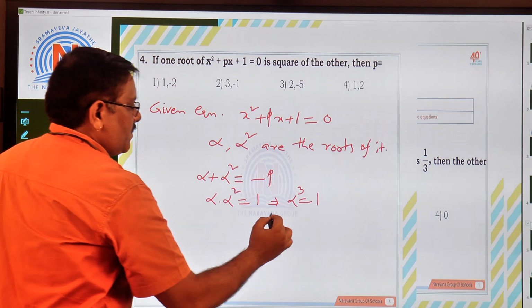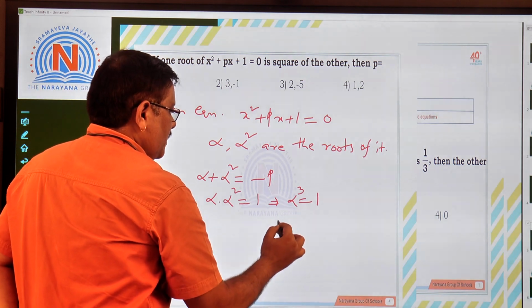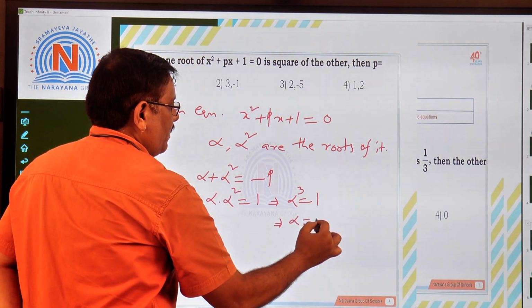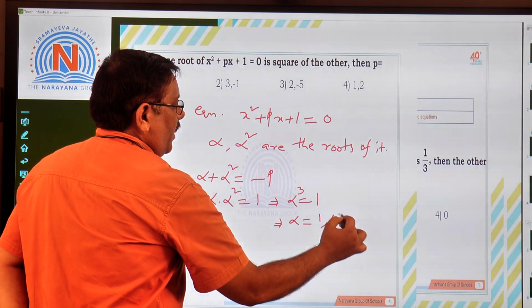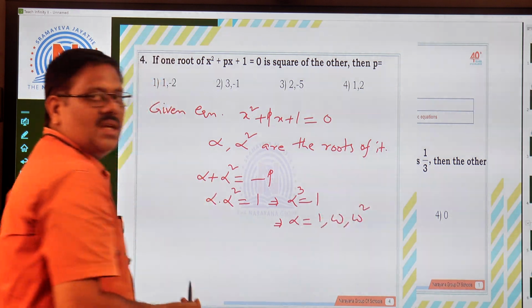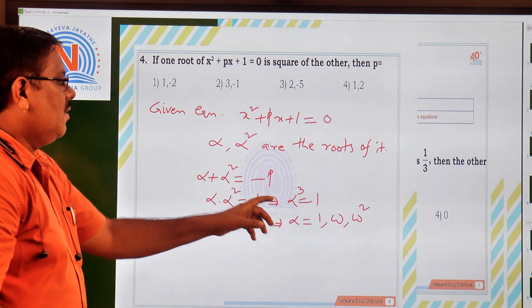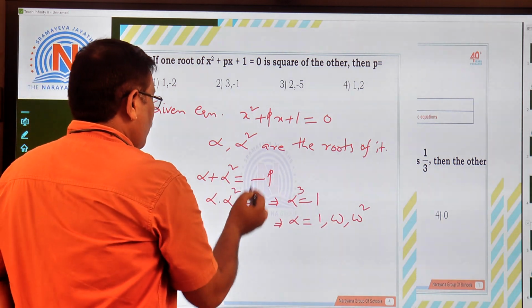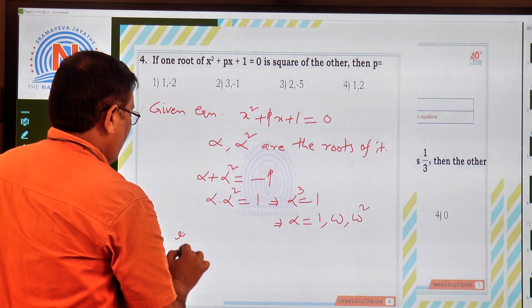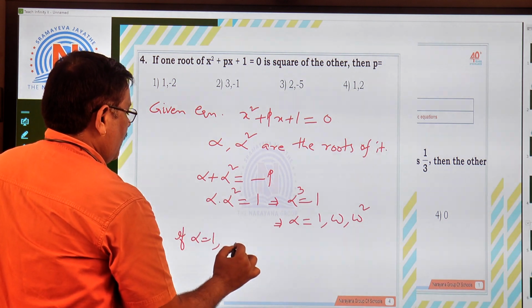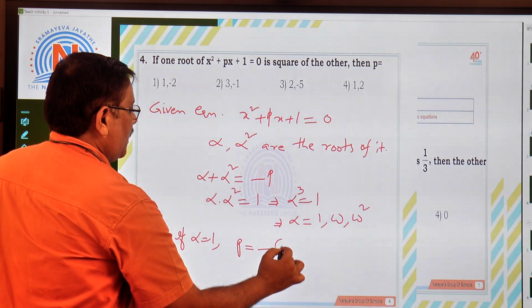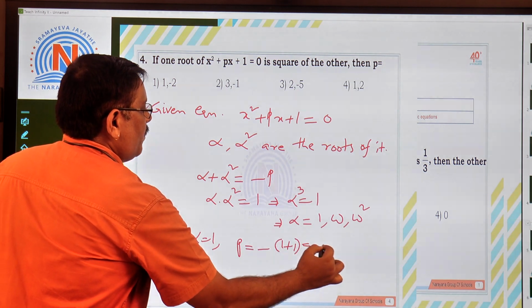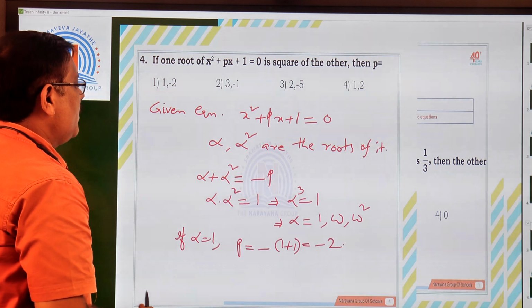If alpha cube is 1, cube roots of unity we can consider, so alpha can take the values 1, omega, omega square. Even if you consider complex roots, 1, omega, omega square are the possible values of alpha. If alpha is equal to 1, p will be minus of 1 plus 1, that is minus 2. So one of the values of p is minus 2.